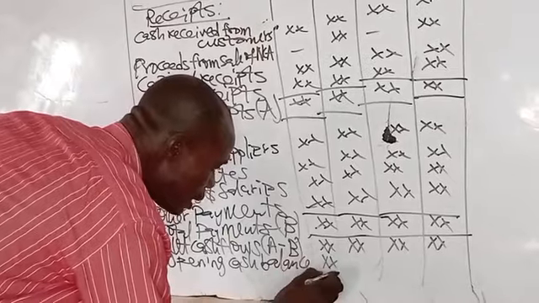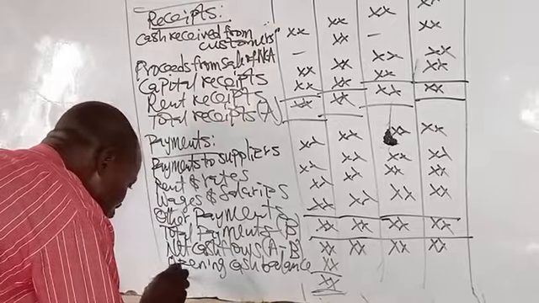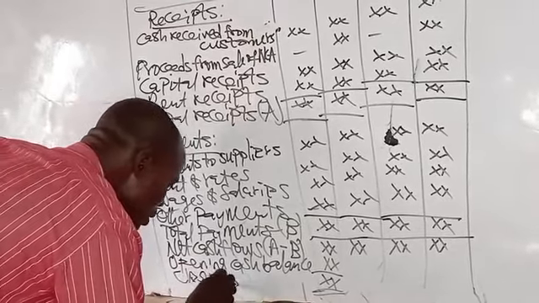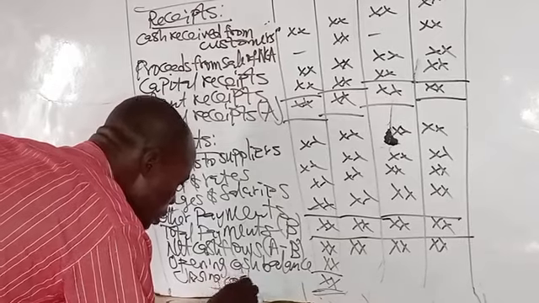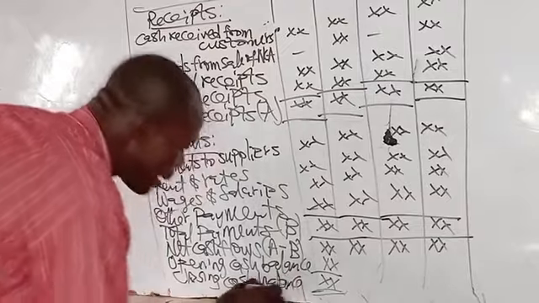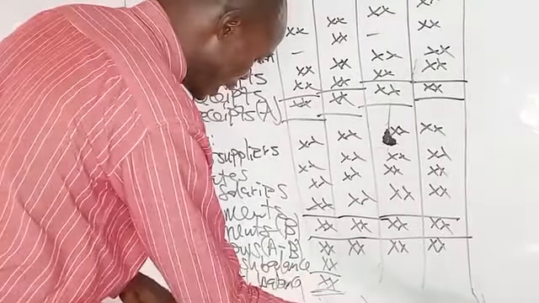You add the opening cash balance to your net cash flows, then you arrive at the closing cash balance. Your closing cash balance will be your net cash flows plus your opening cash balance.